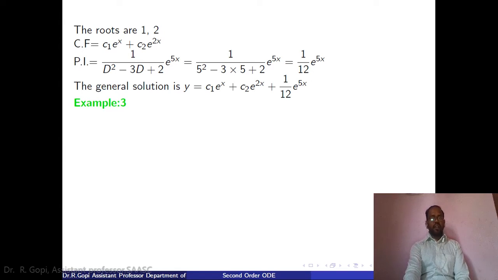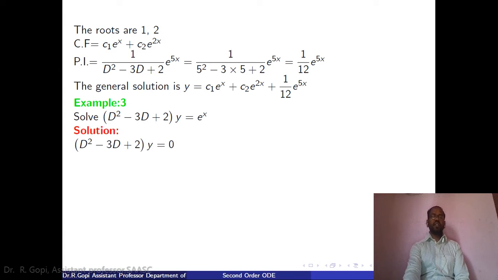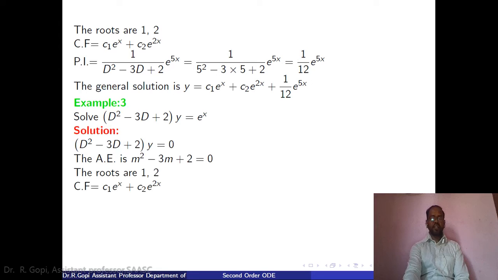Then example 3: solve D squared minus 3D plus 2 into y equal to e power x. In the same way, we get the auxiliary equation and the roots. Here the roots are distinct and the complementary function is c1 into e power x plus c2 into e power 2x. What is the difference between the previous problem and this problem?